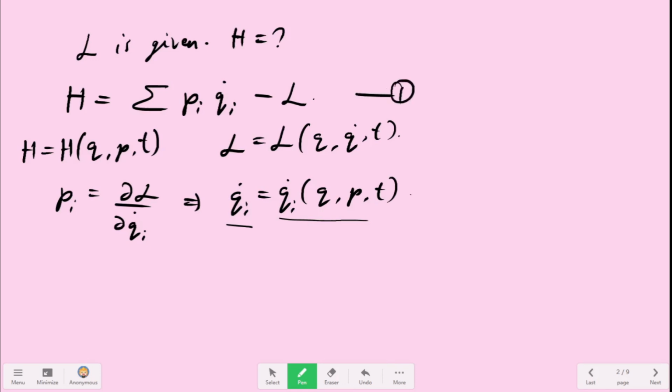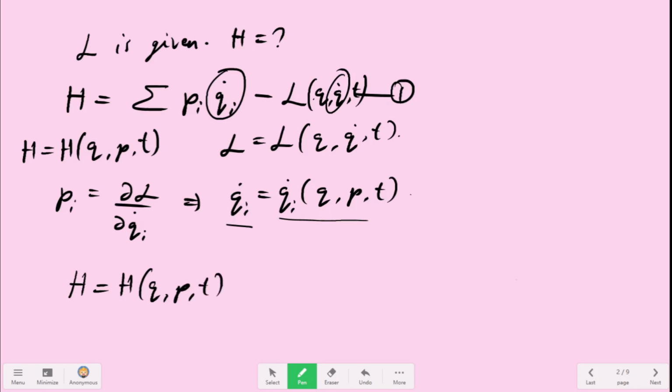In equation 1 we will substitute q_i dot value. Also in the Lagrangian we have q dot. Here also we will put the value of q_i dot. Once we do that and simplify, we will get Hamiltonian as a function of q, p and t.